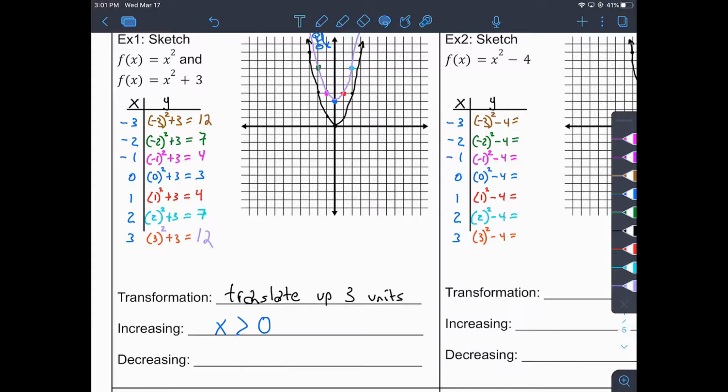Now, let me compare this real quick for you. If the black graph started over here, it wouldn't be doing its increasing because it's the same shape. It wouldn't be doing its increasing until we got to position 1, 2, 3, 4, 5, 6, 7. So we would say any value of x that's greater than 7.